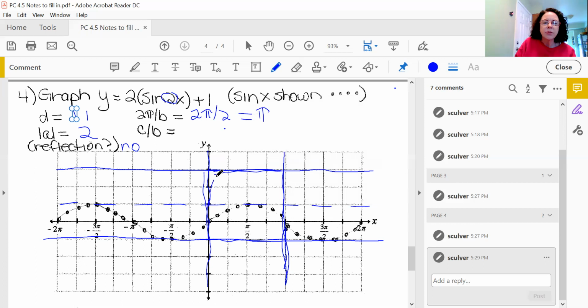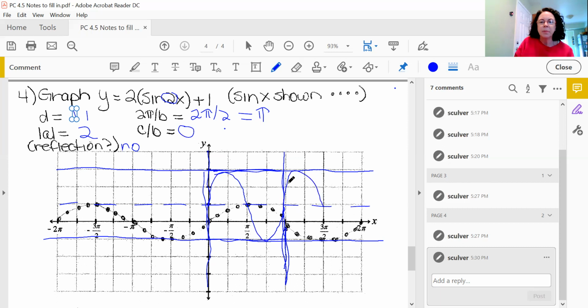So here's my first loop of sine, and then it goes downward for the second half, and back up. Notice that I do not have a C, meaning there is not a phase shift, so I can now just continue my graph.